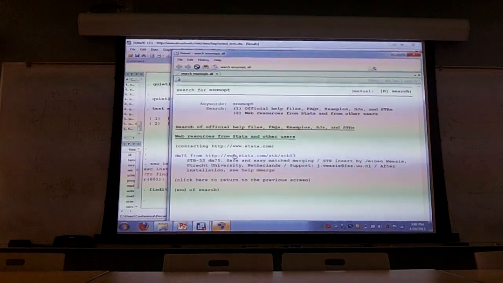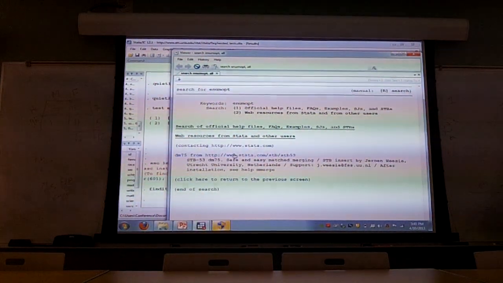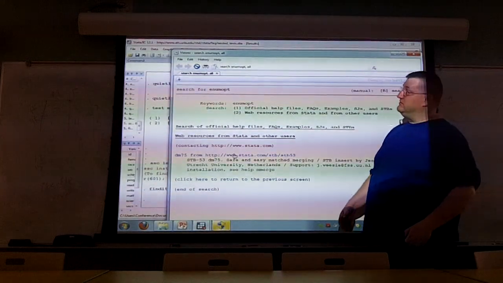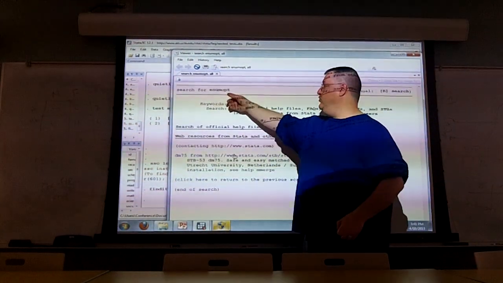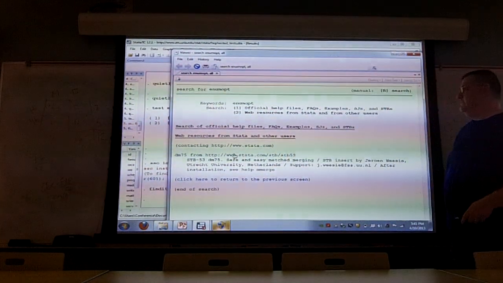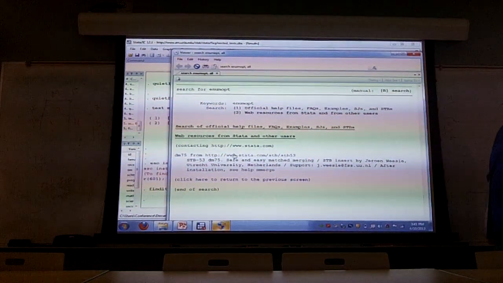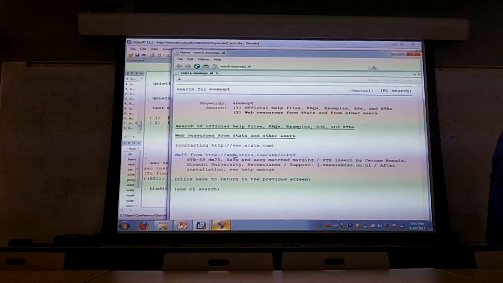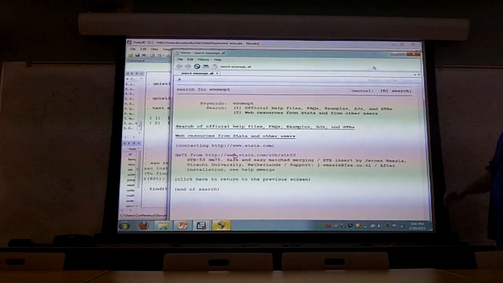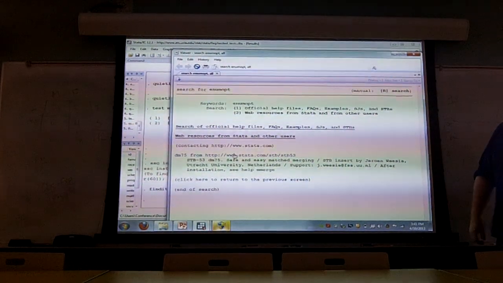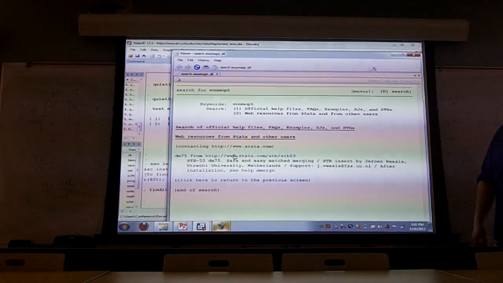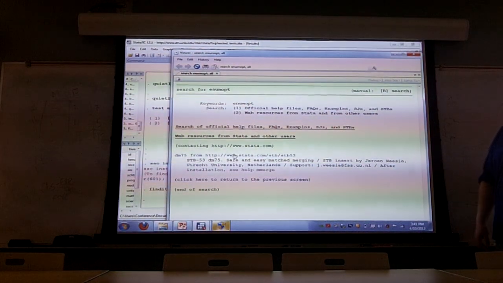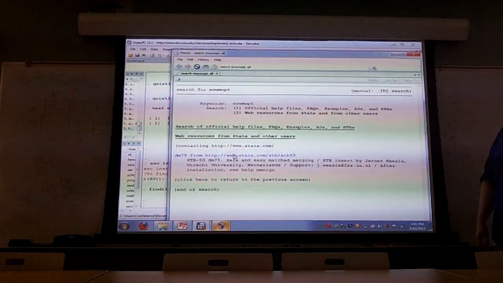So something else that we want to do, I don't know if you guys know the findit command. So I typed in findit enum opt. That's just a funny thing to say. It's going to go out to the Stata website and see if it can find this program somewhere on the internet.